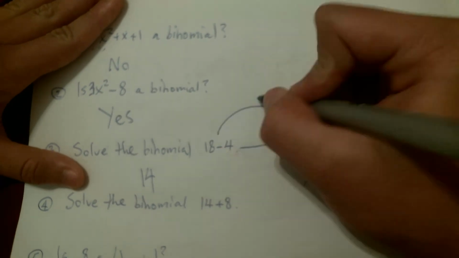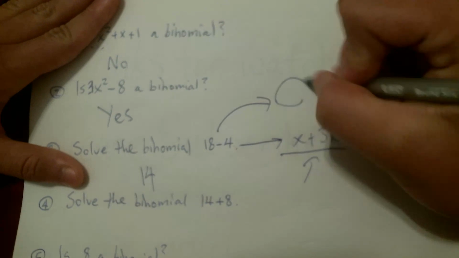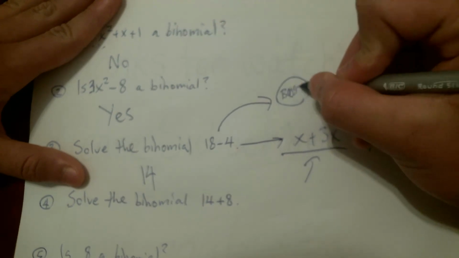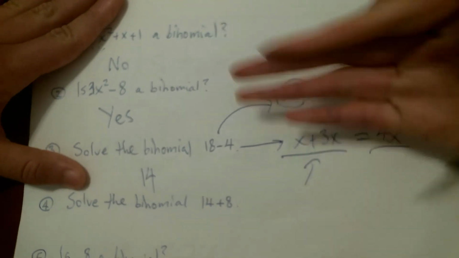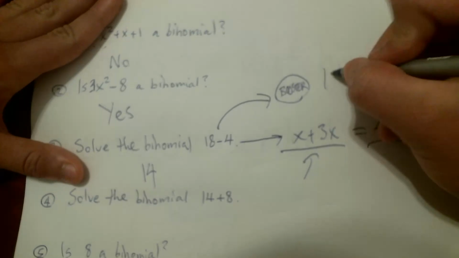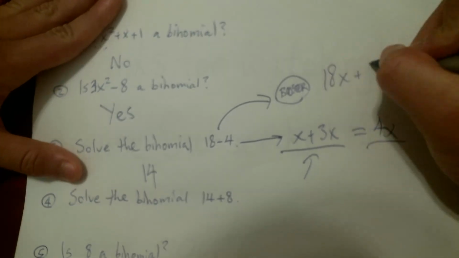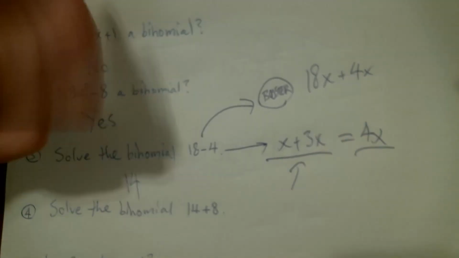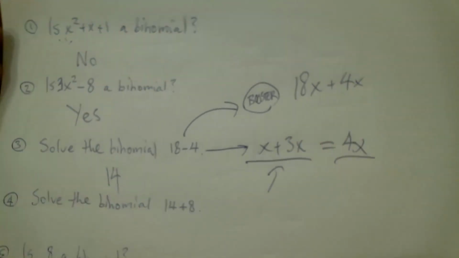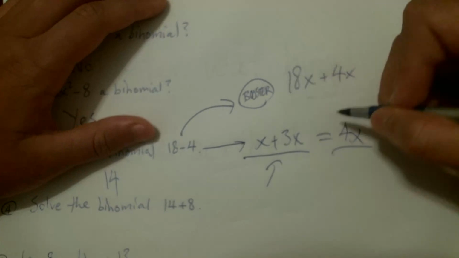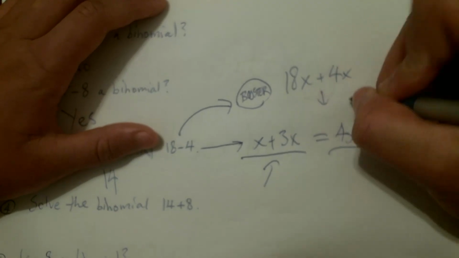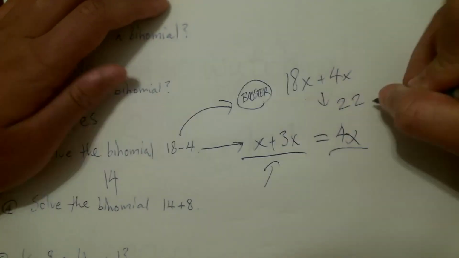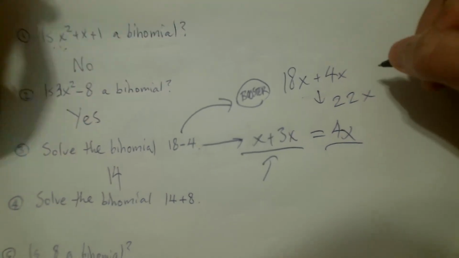If we wanted a booster question, we have 18x plus 4x. We would want to solve this one, and that one is algebraic. We would just have 18x plus 4x, where 18 plus 4 equals 22. So we would have 22x.